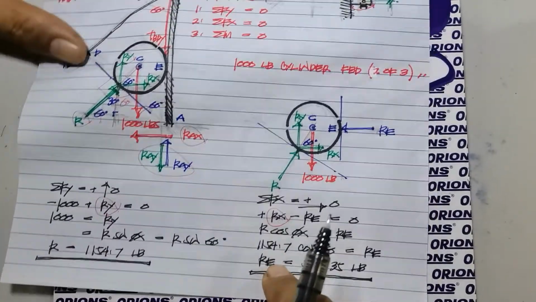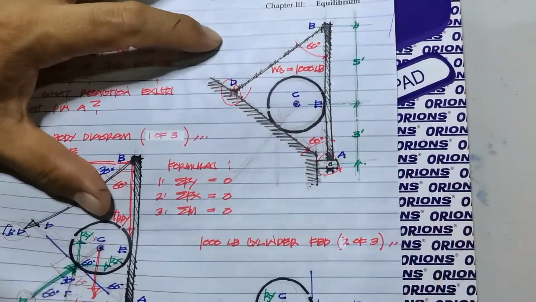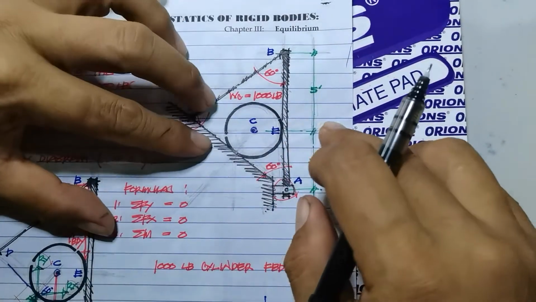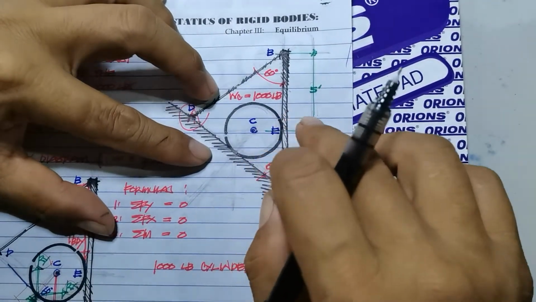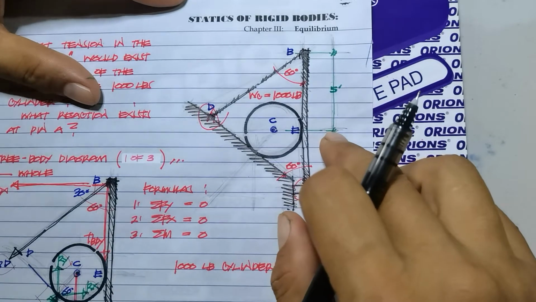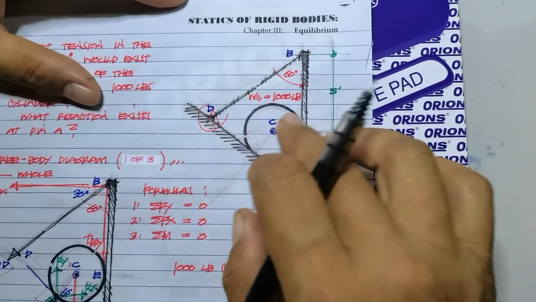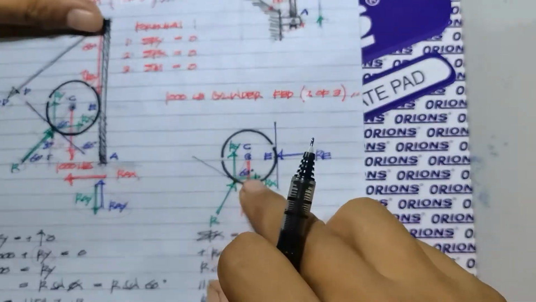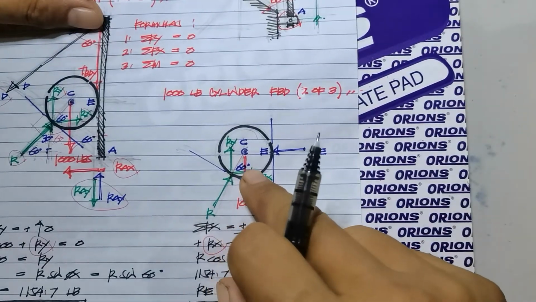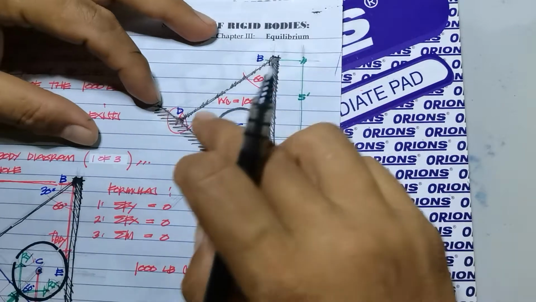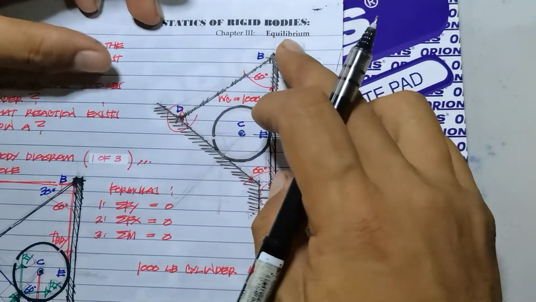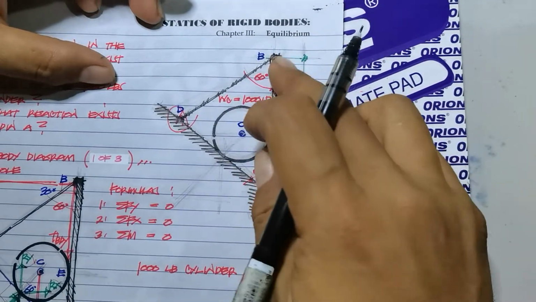Meron din tayong Re. Kung titingnan natin yung configuration natin dito, sabi ko nga sa inyo kanina, tatlo yung possible free body diagram. So, consider muna natin yung dalawa: yung free body diagram ng mismong pinaka-cylinder, tapos yung free body diagram nitong pinaka-cable BD as well as ng vertical bar AB.